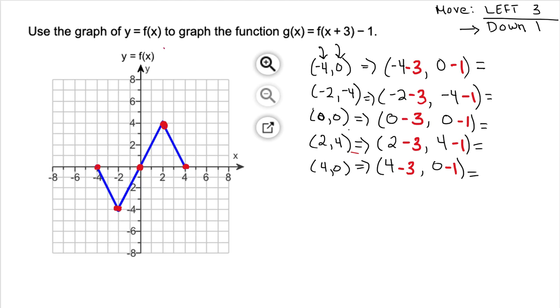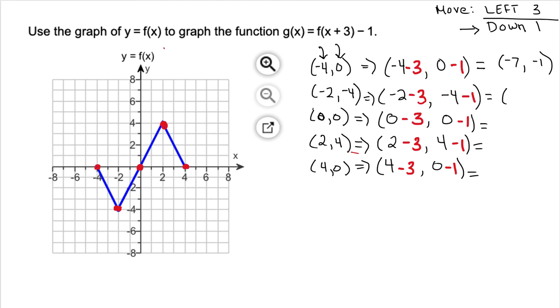Now I'm just going to apply those operations, subtracting 3 from each x coordinate and subtracting 1 from each y coordinate, to get my new ordered pairs. Negative 4 minus 3 is negative 7, and 0 minus 1 is negative 1. So my new ordered pair is negative 7, negative 1.